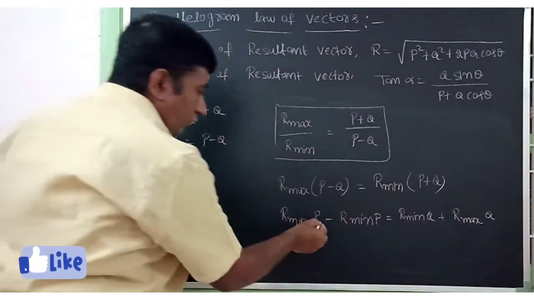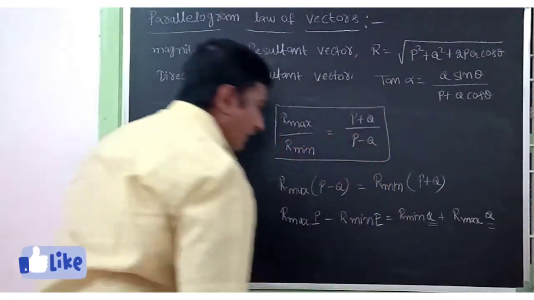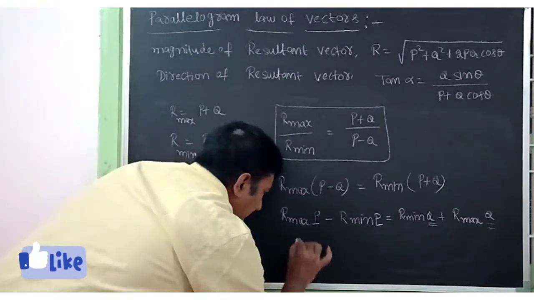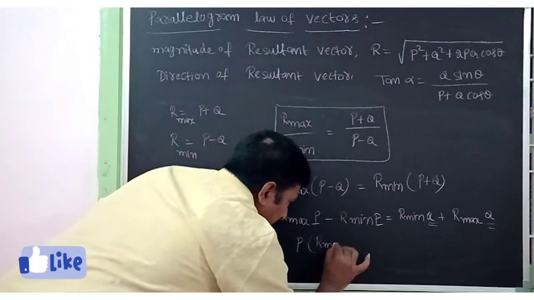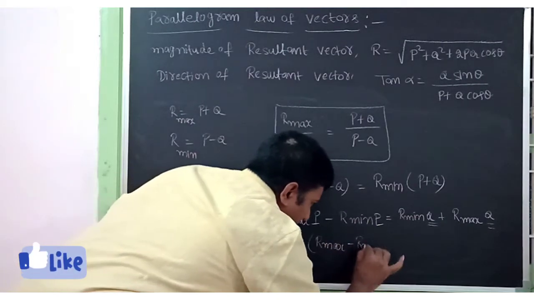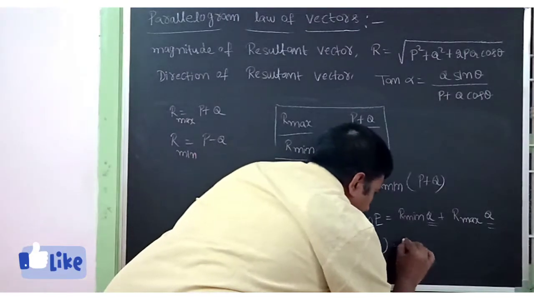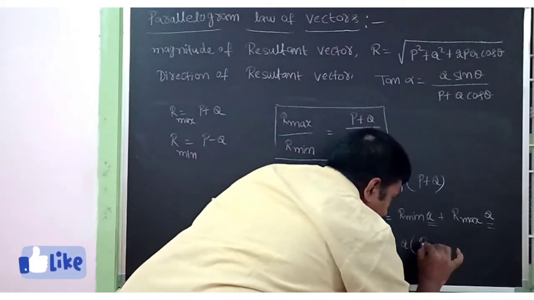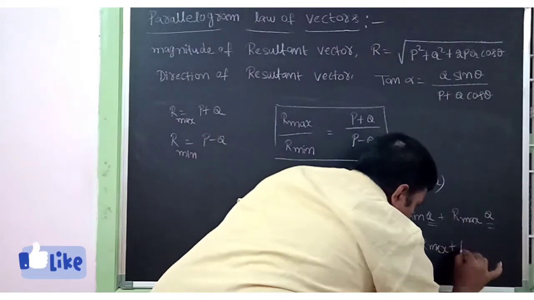Here we can take p common on one side and q common on the other. By taking p common, I get R maximum minus R minimum, which is equal to q times R maximum plus R minimum.